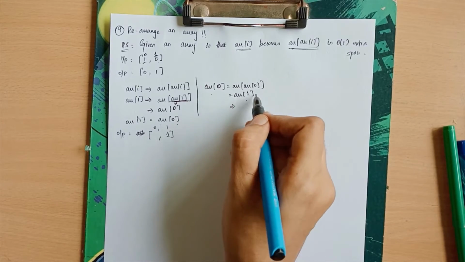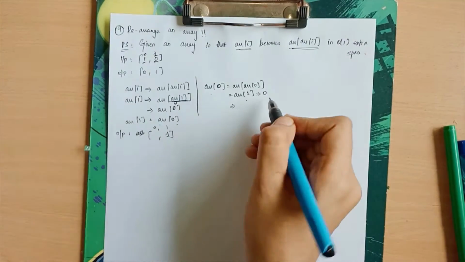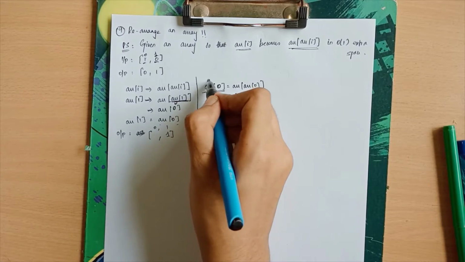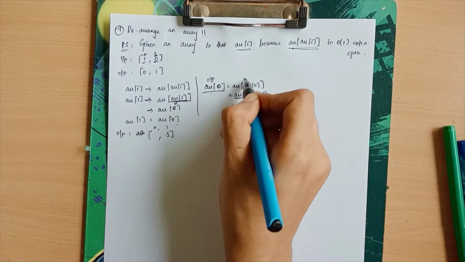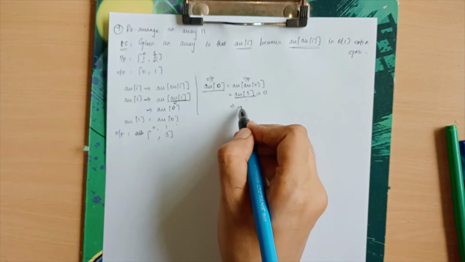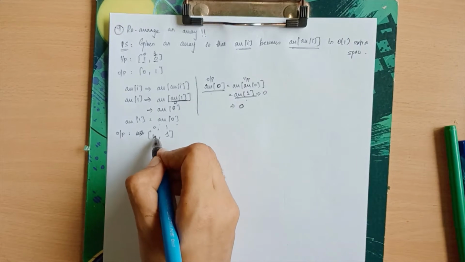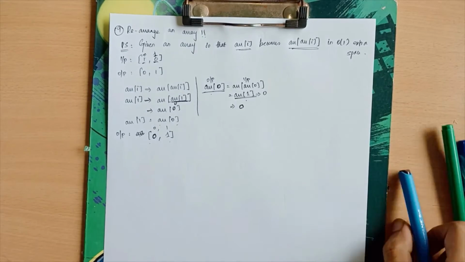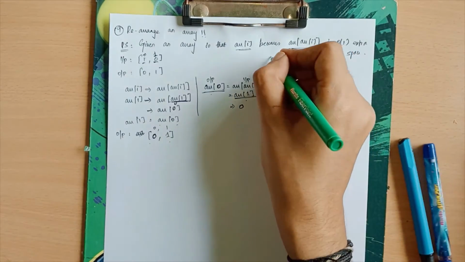What is array of 1? In the input array it is 0. So for the output, array of 0 is 0 only, right? So therefore you get 0 here. It's 0, 1.